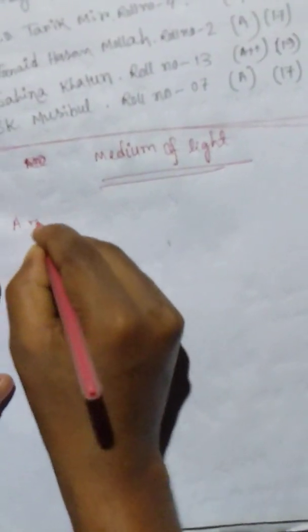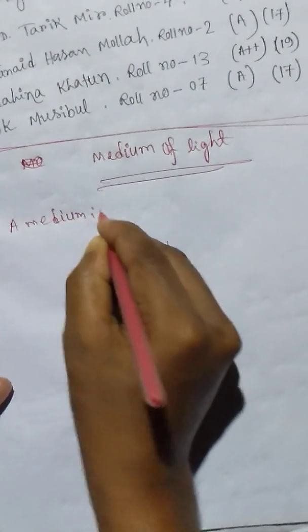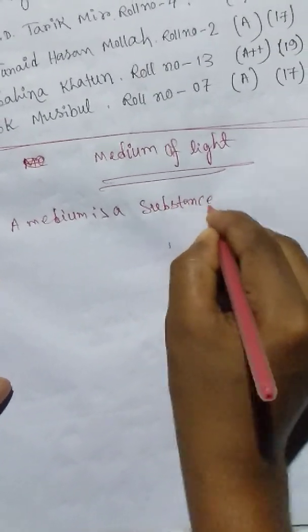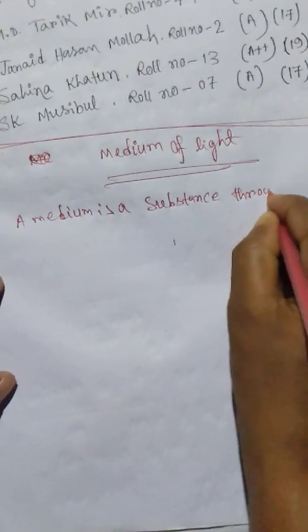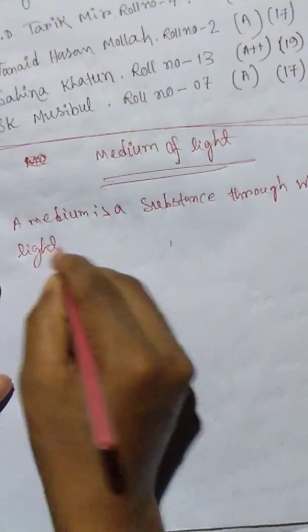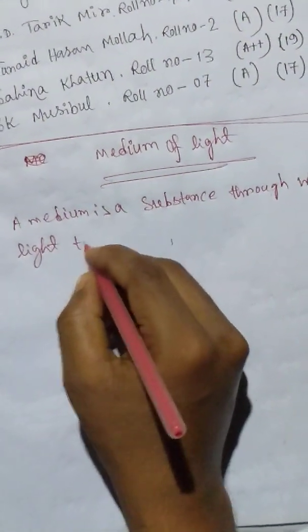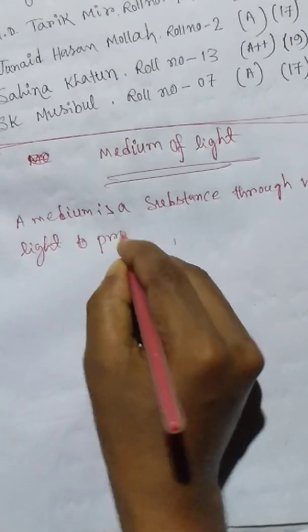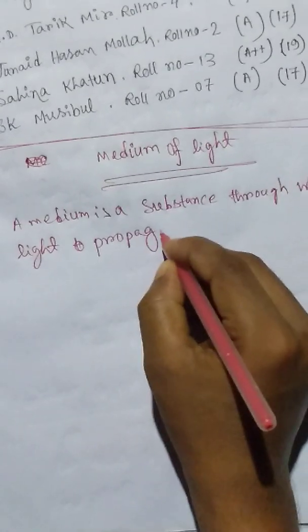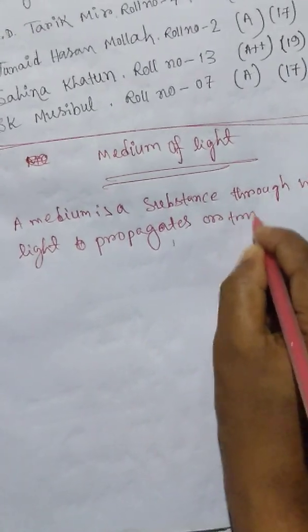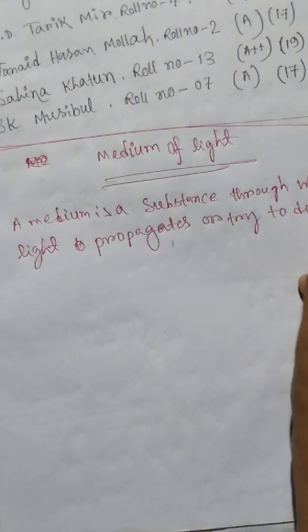Now we write the definition of medium. A medium is a substance through which light propagates or tries to do so.